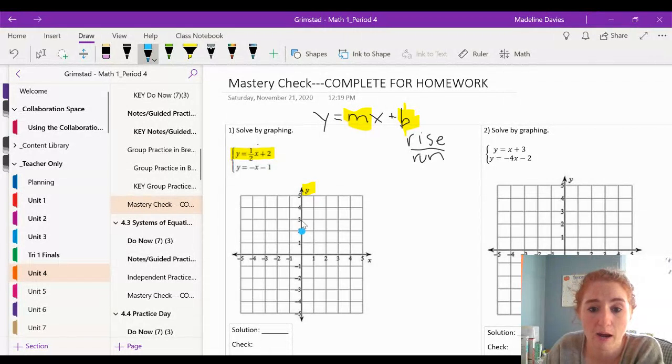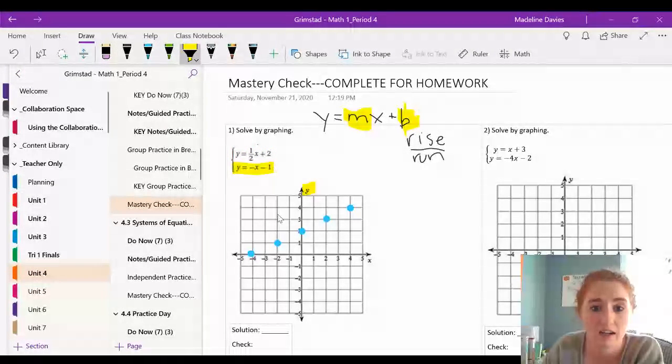So I go up 1 and then over 2 for my run. So up 1 over 2. And then I go in the opposite direction. Down 1 and then over 2 to the left. And that's all we have to do. So that's our first little equation done.